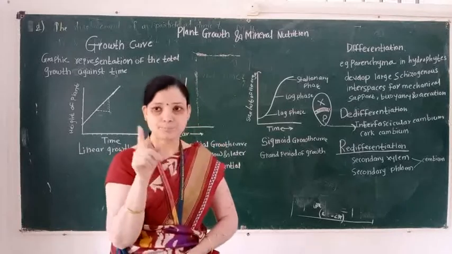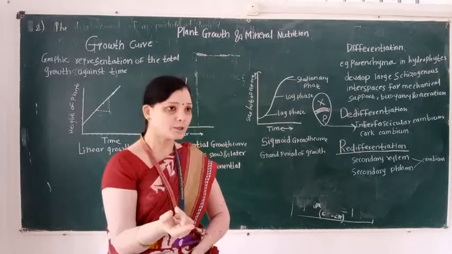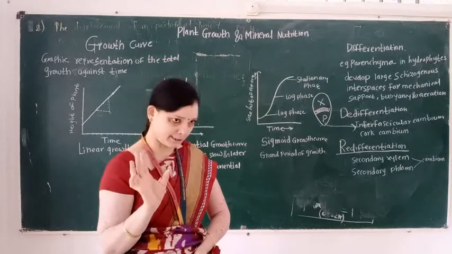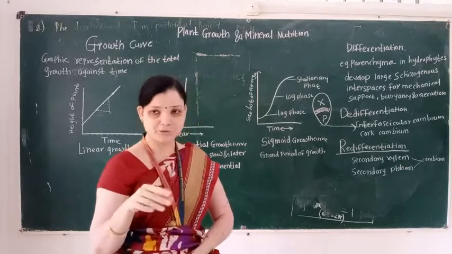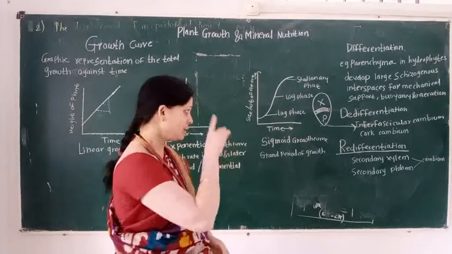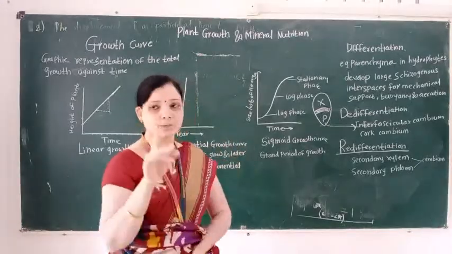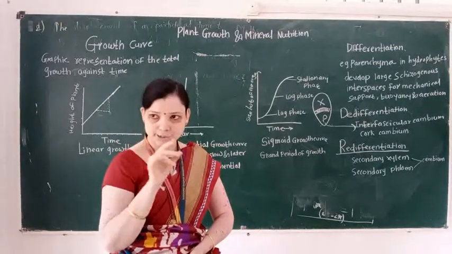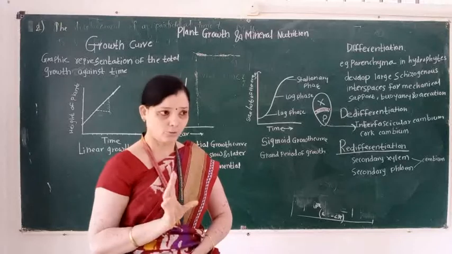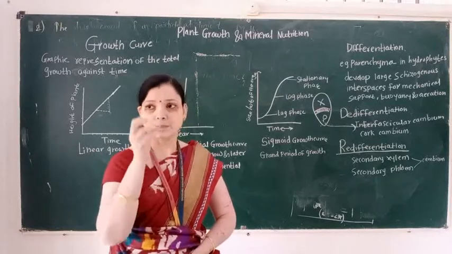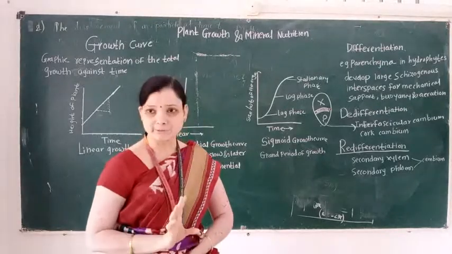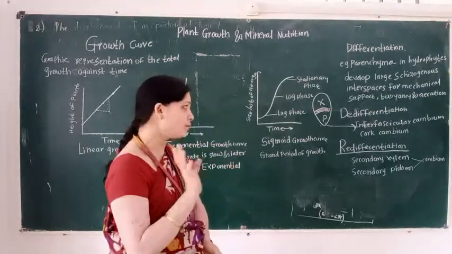Differentiation means meristematic tissue undergo cell division and become differentiated or mature. Matured tissue loses the ability of cell division. Dedifferentiation means the differentiated cells, in some cases, regain the ability of cell division and form new cells.